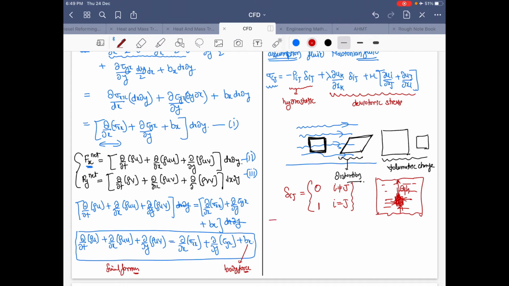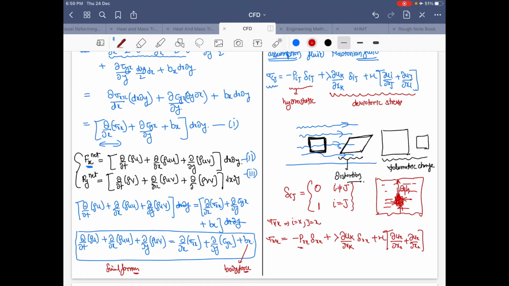So now let's take our sigma xx. Here i is equal to x and j is also equal to x. So I can write sigma xx as minus p delta xx plus lambda del u_k by del x_k delta xx plus mu del u_x by del x times del u_x by del x.